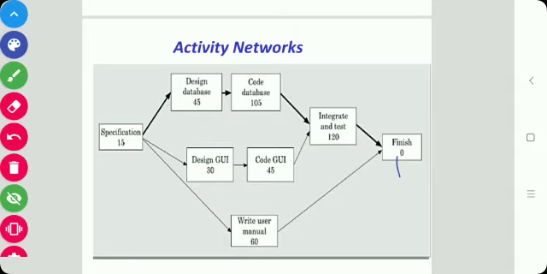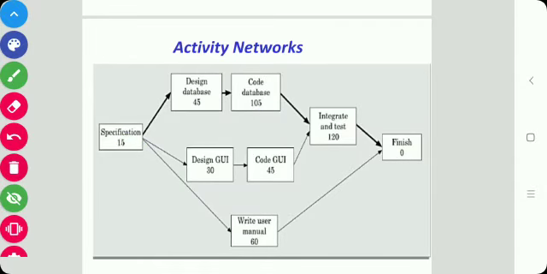So, this activity network consists of a number of activities, each enclosed in a rectangle, as well as the dependencies among these activities. The activity network shows the different activities making up the project and their estimated durations, which are specified in the rectangles. Each activity is represented by a rectangular node and the duration of the activity is shown alongside.